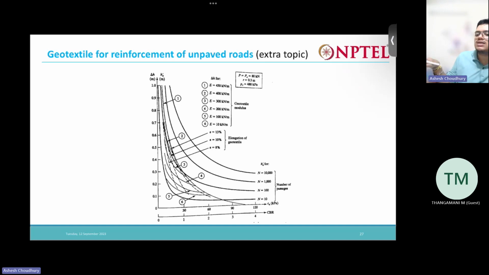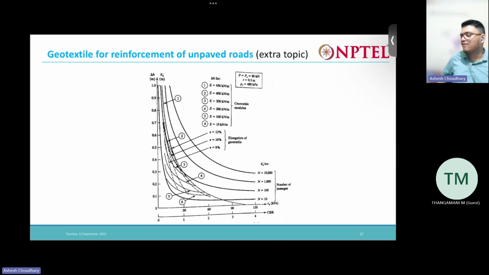Similarly, you can construct curves for several wheel loads, corresponding to number of passes, elongation of the geotextile, and the modulus of geotextile. And from here, you can get the H naught value and the delta H value. And the H value is nothing but H naught minus delta H.